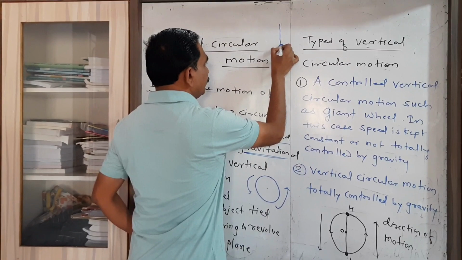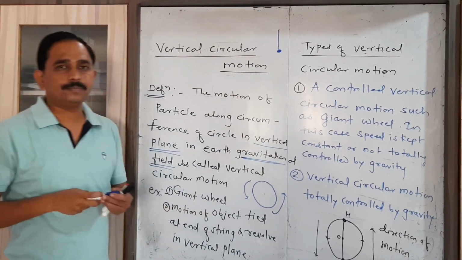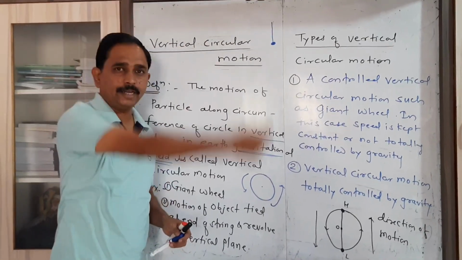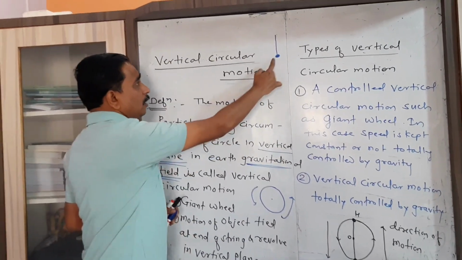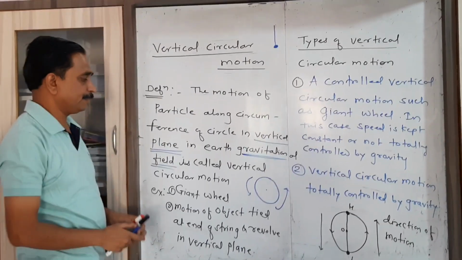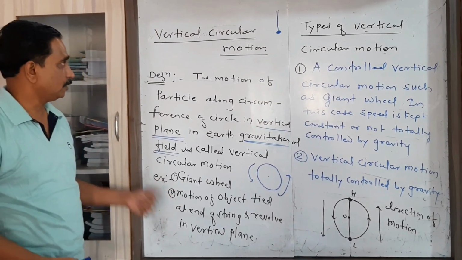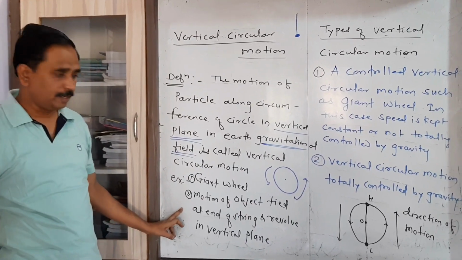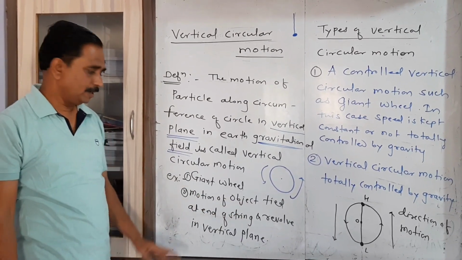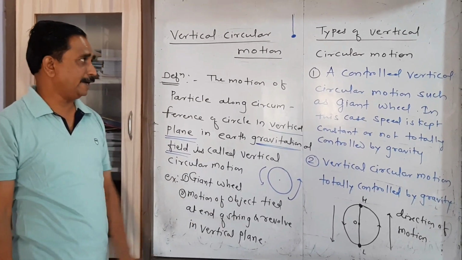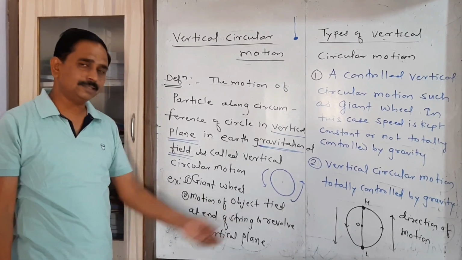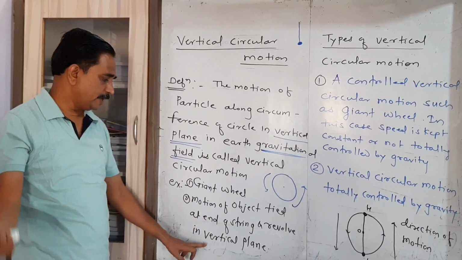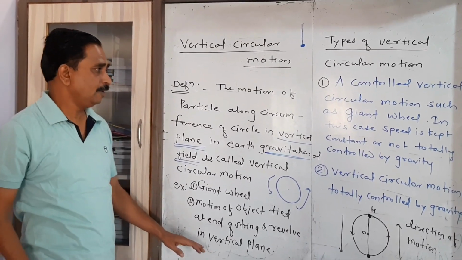If you consider one object and that object is tied with the help of a string, and when it is revolved in a vertical plane, then the motion of that object is also considered as a vertical circular motion. That's why right here, the object is tied at the end of a string and it is revolved, it is whirled. In which plane? That is the vertical plane.